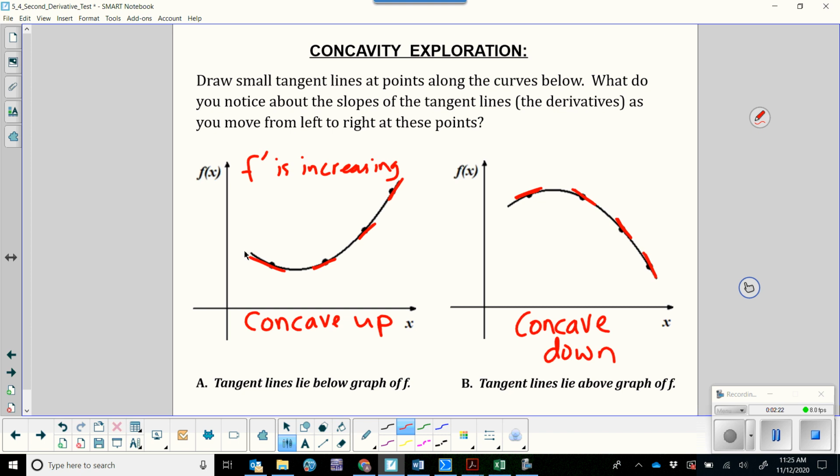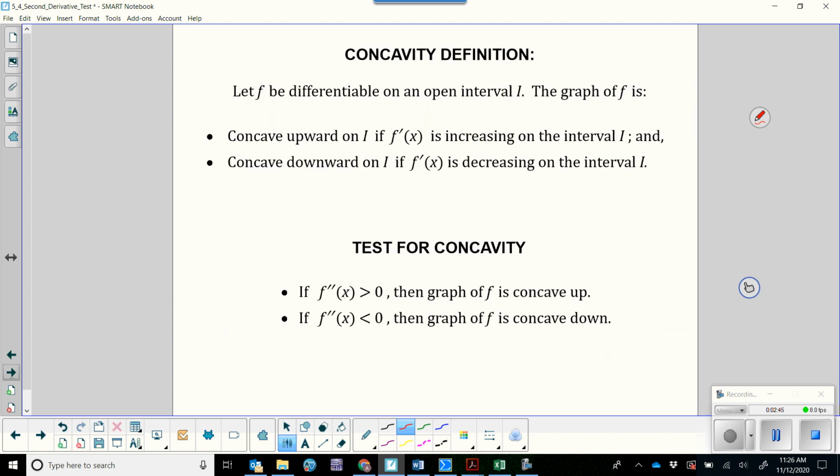Like if this one was -0.5, this one might be -3, so it's getting smaller. So we know that f prime is decreasing. And if a function is decreasing, then its derivative would have to be negative there. The derivative of f prime is f double prime, so that's why f double prime is the way we can determine this.